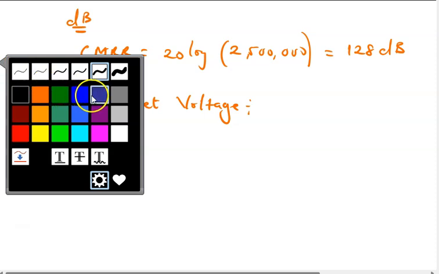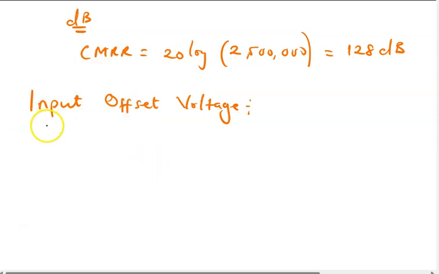We say that the input offset voltage is the small voltage. Take note of it.